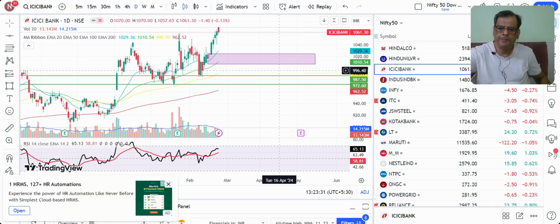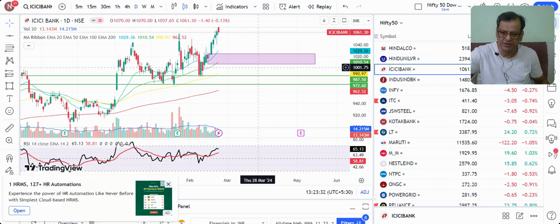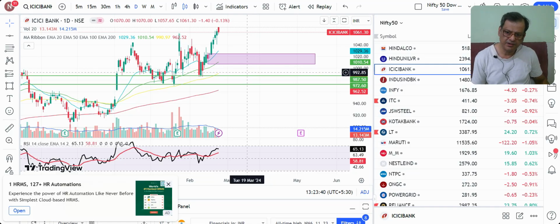And remember, big money, which is institutions, foreign institutional investors, domestic institutional investors, equity funds, mutual funds, high net worth individuals who have orders, who are going in for delivery based trading and intraday trading also.